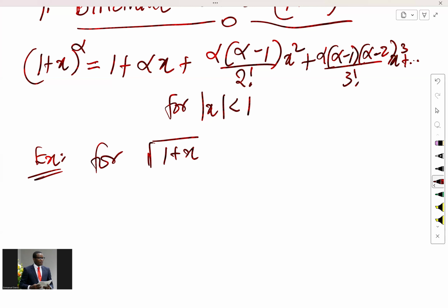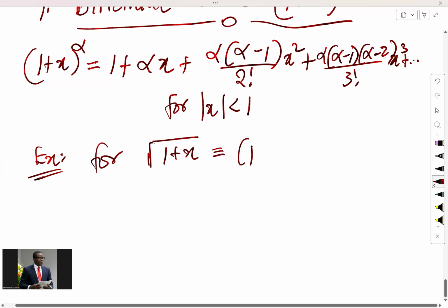So for square root of 1 plus x, you can really express this as 1 plus x raised to power half. That simply implies that the alpha you're dealing with here is half. So here alpha is 1 over 2 based on the expression.